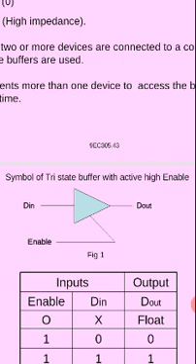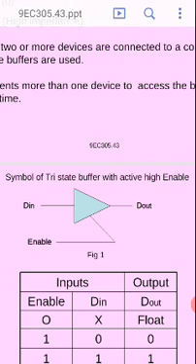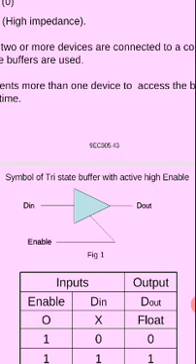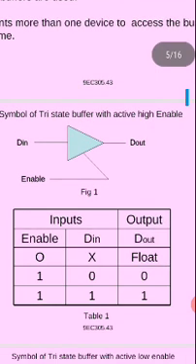It has two inputs, D in and enable. Inputs enable, D in and output D out.